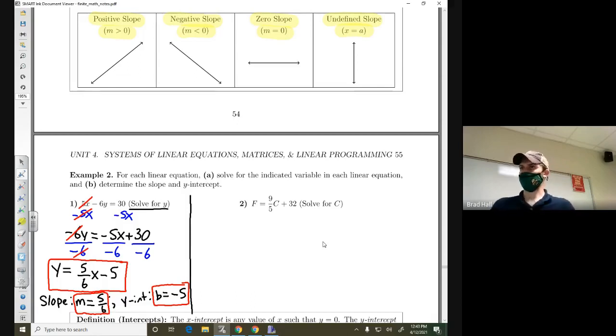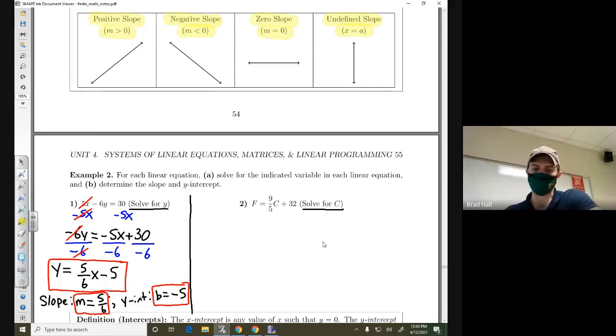Does anyone have any questions before we continue? Imagine it's fairly familiar stuff. Let's look at problem 2 just in case. So they want us to solve for c. So we need to get c by itself.